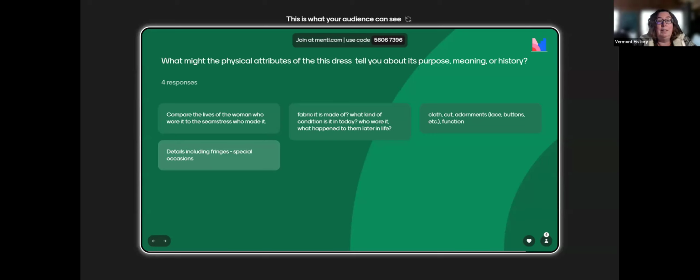Absolutely. Who did the trim on the hem? Did the owner do it herself? Where did the materials come from? Labor and trade routes? Yeah.